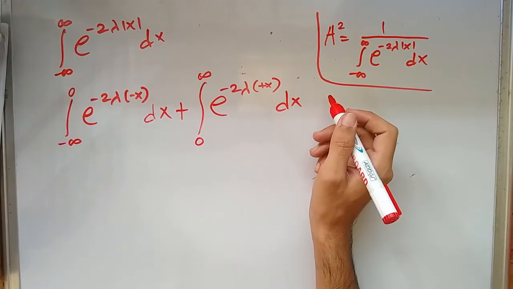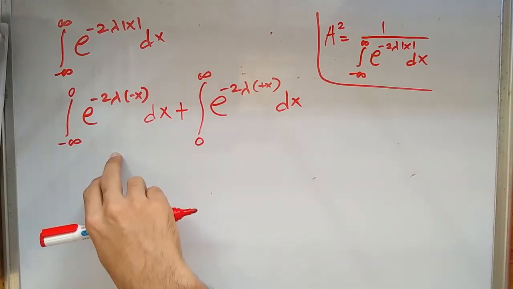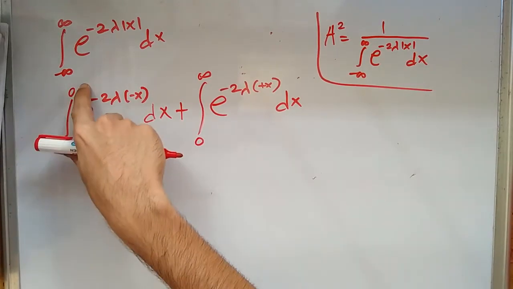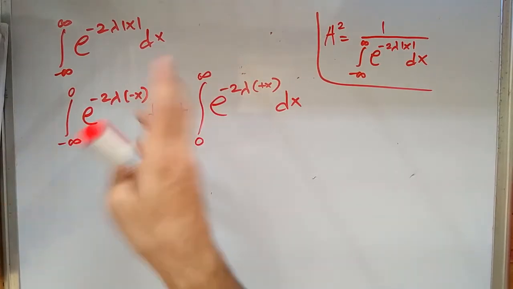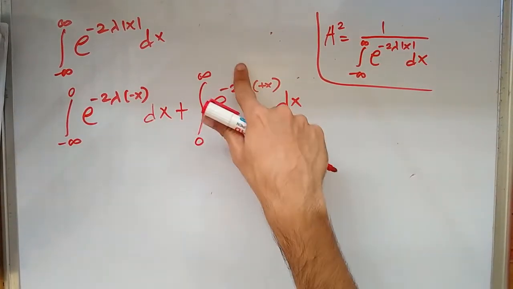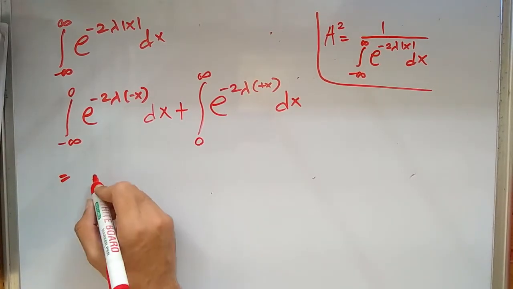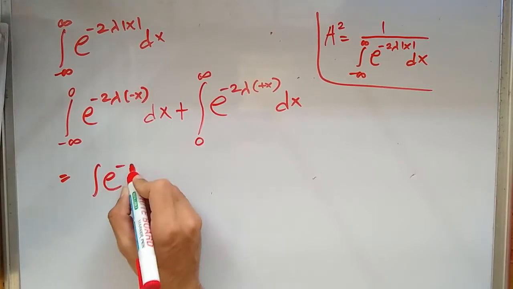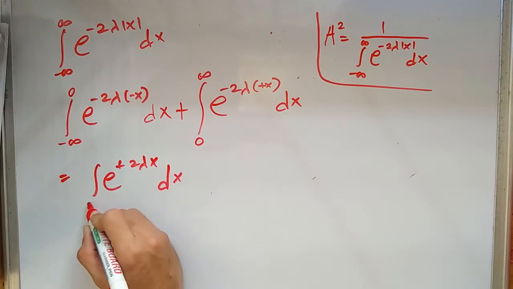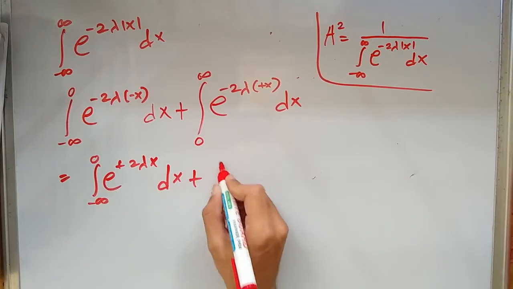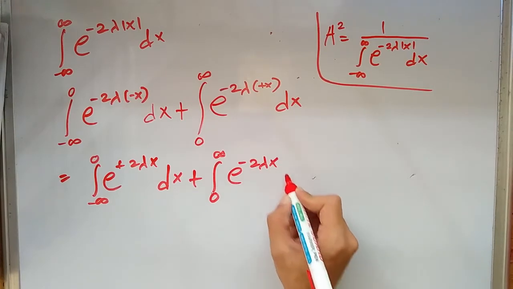So what we did here is we just divided the limits of this integral into two parts, from minus infinity to 0 and 0 to infinity, and substituted the respective value of mod x in that domain. After that we just need to integrate e to the power 2 lambda x dx from minus infinity to 0, plus from 0 to infinity e to the power minus 2 lambda x dx.